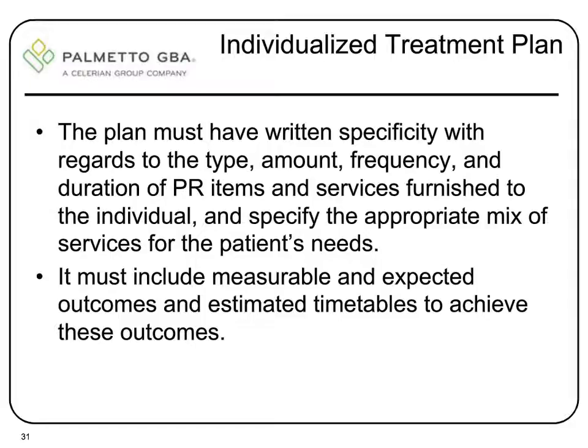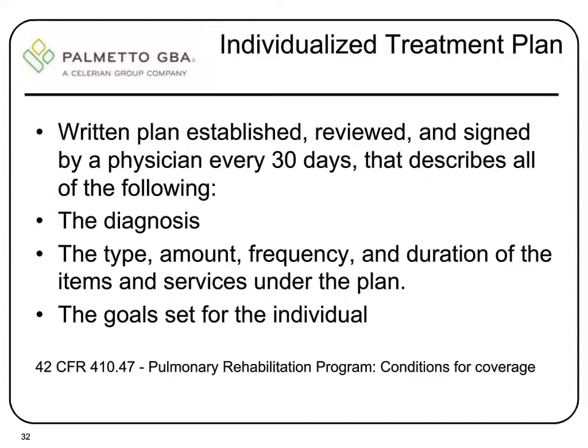It must include measurable and expected outcomes and estimated timetables to achieve these goals. Written plan established, reviewed, and signed by a physician every 30 days that describes all of the following: the diagnosis, the type, amount, frequency, and duration of the items and services under the plan, and the goals set for the individual.